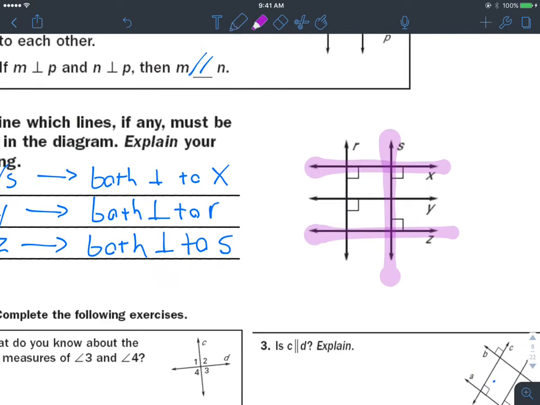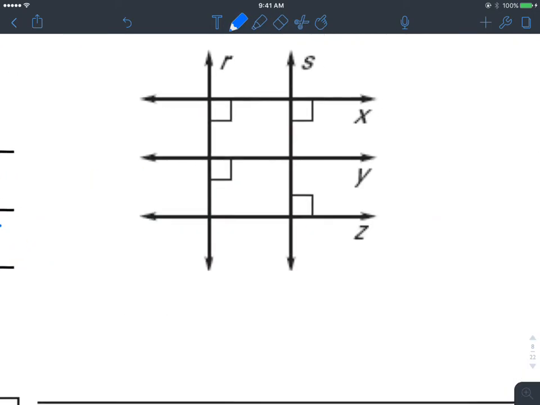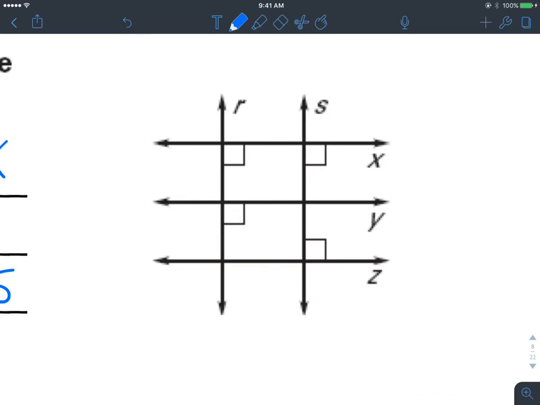Now the last combination that looks like you could do, but based off the picture you can't necessarily say right away, is Y and Z. If you look at Y and Z, they're not both perpendicular to the same exact line.